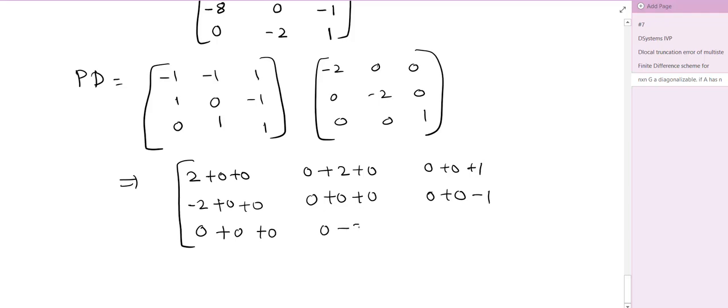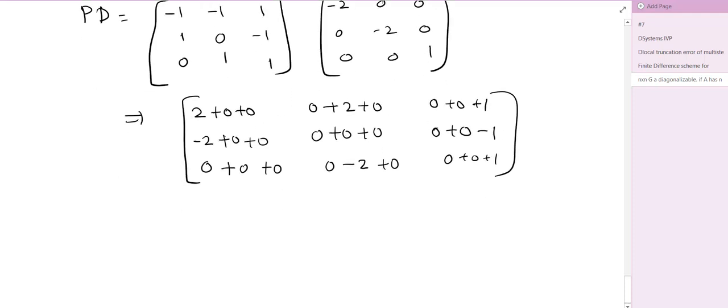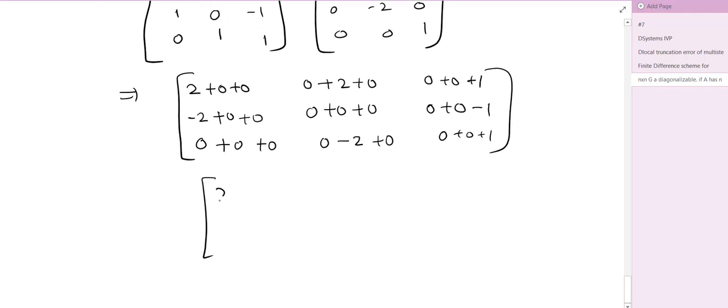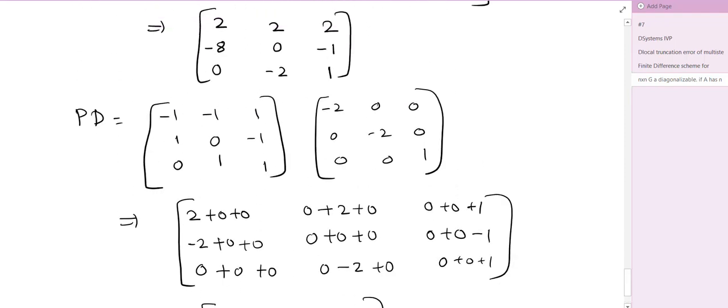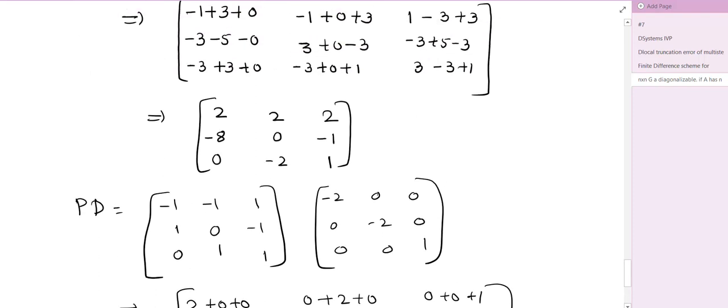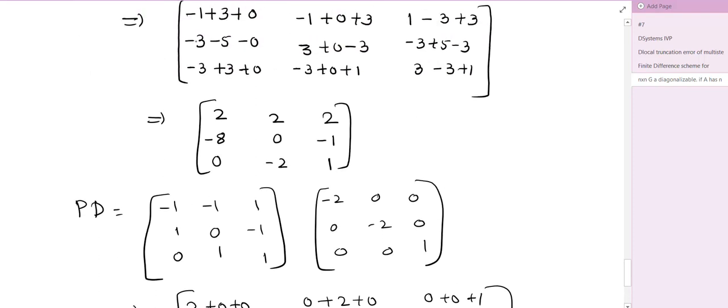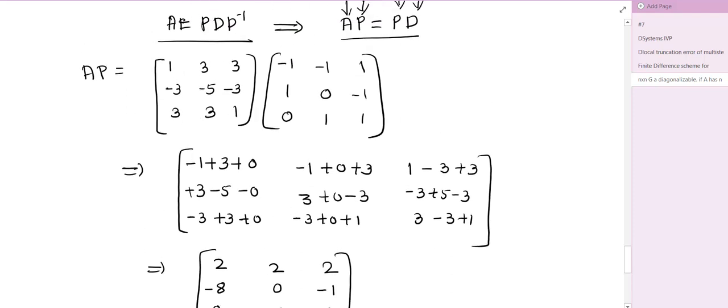I think we have got the answer. This is 0, minus 2, 1. So I think here we made a small mistake, I feel. Yeah, it has to be minus 2, because this has to be plus 3. So therefore, we have to get this as minus 2 here.